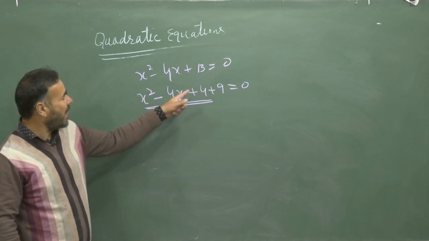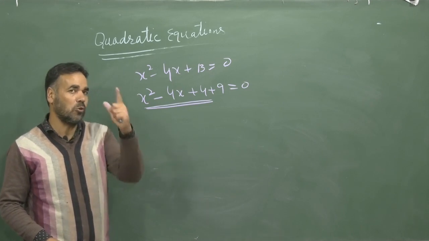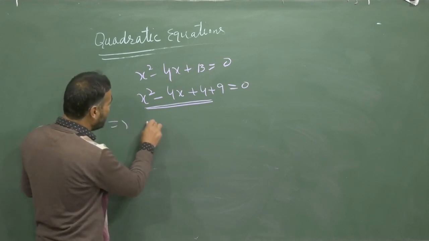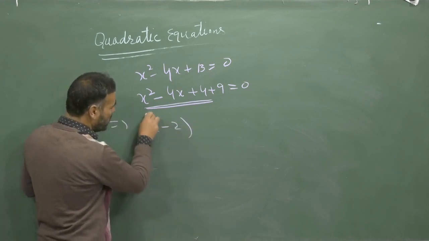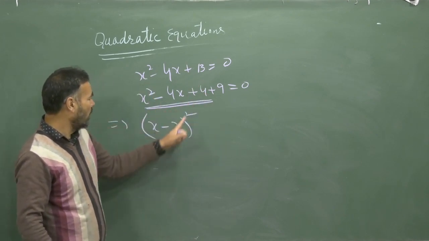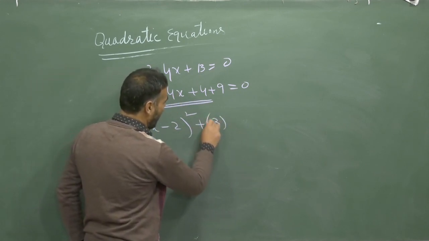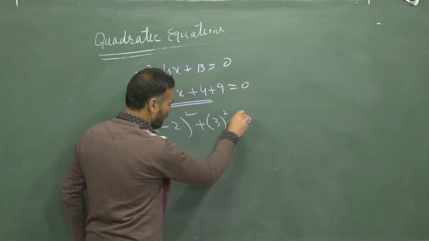That is x square minus 4x plus 4, that will be a minus b whole square, or we can write it x minus 2 whole square. It is x square plus 2 2s are 4, minus 2ab is 4x, plus 9 will be 3 square, equal to 0.